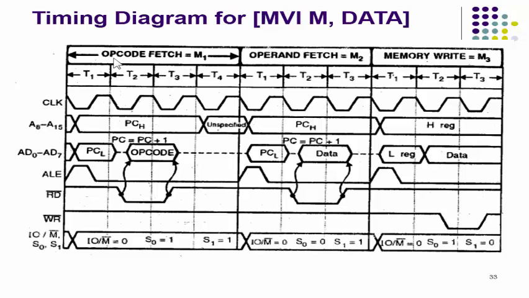So in this way this MVI M, 8-bit data requires a total of 3 machine cycles, that is M1, M2, M3: the opcode fetch machine cycle, the operand fetch machine cycle, and the memory write machine cycle.